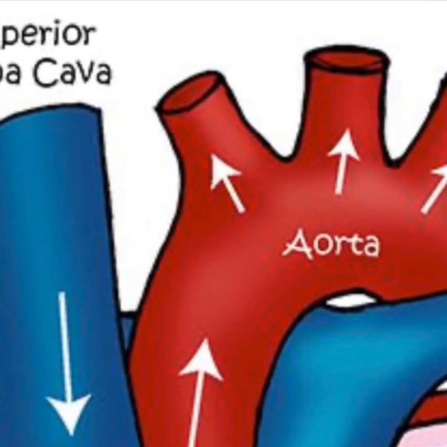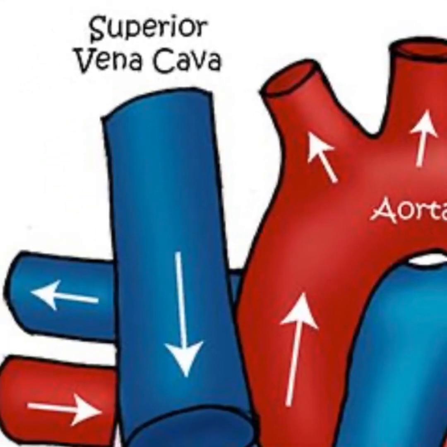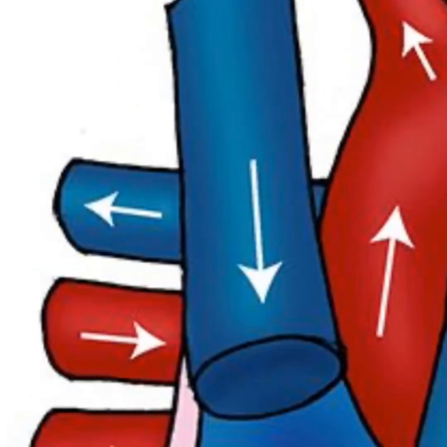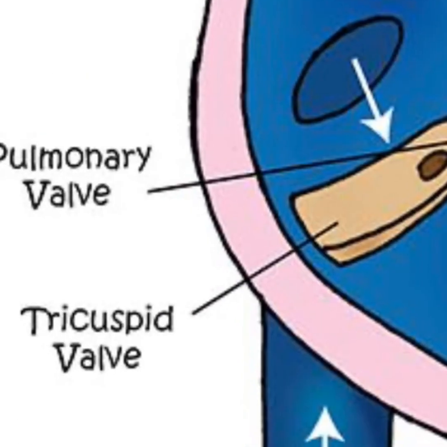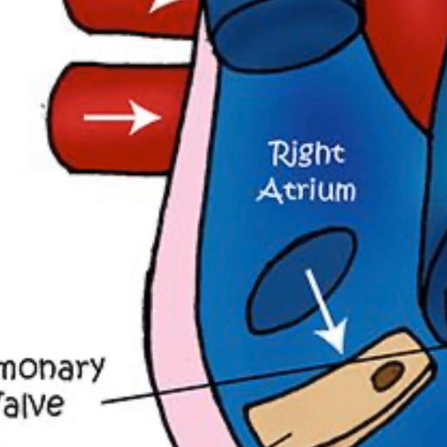And so that process gets repeated again. While it's in our body, it becomes deoxygenated again, and then comes back to the superior vena cava and inferior vena cava, and then into the right atrium again.